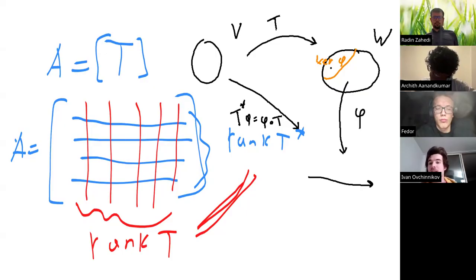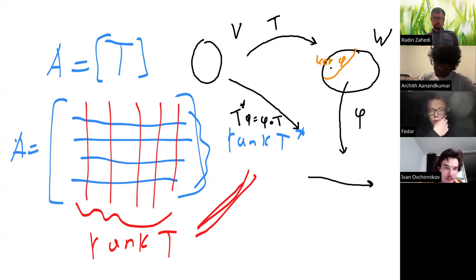That's why we define this thing called the annihilator of a subspace. The annihilator of a subspace is all of the linear functionals which have that subspace as part of their kernel. So the annihilator was all the linear functionals that send a certain subspace to 0.